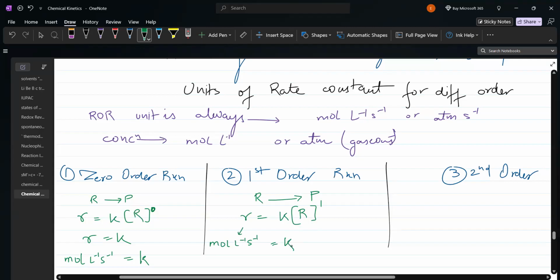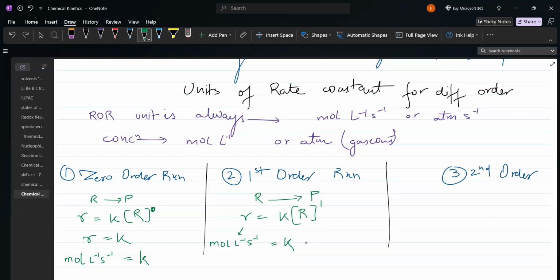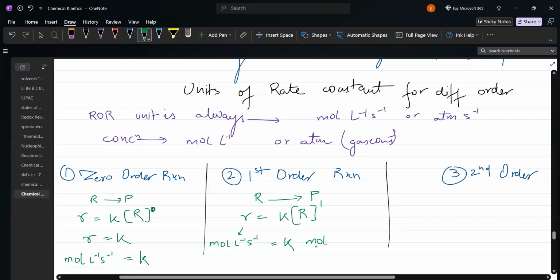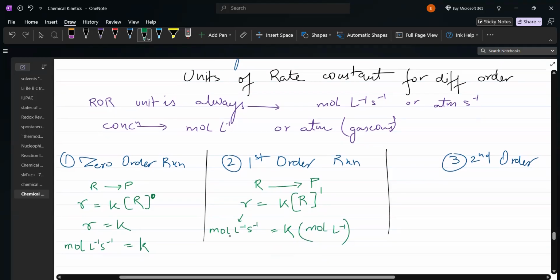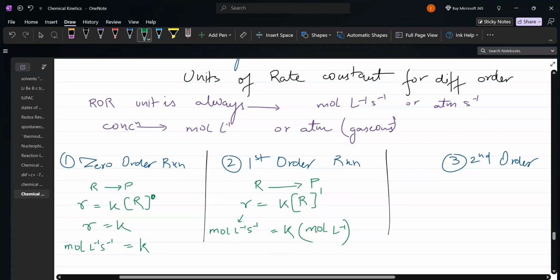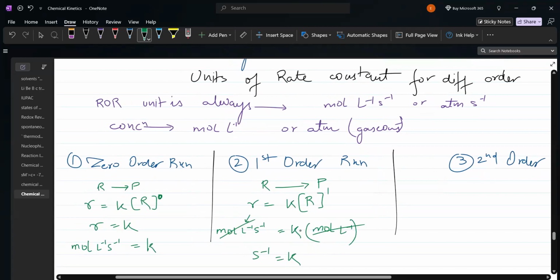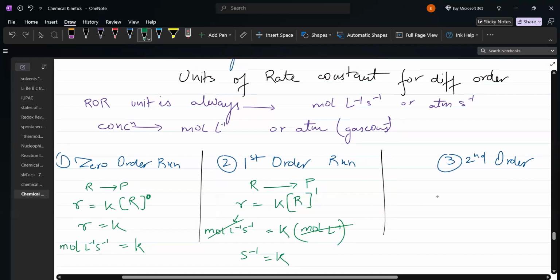For the value of K we have to find the unit of concentration, which is mole per liter. So this will cancel out, and the unit of K will be this, time inverse or second inverse.